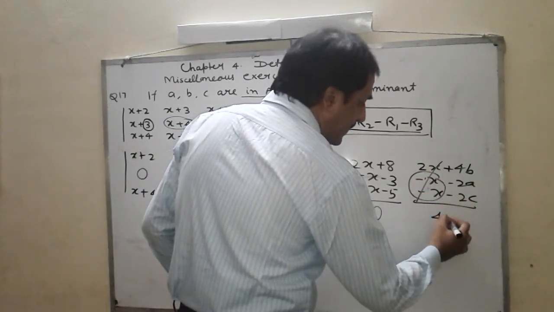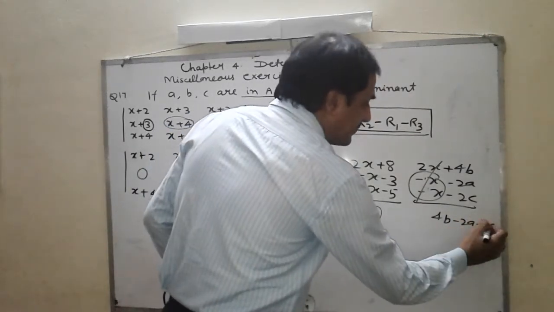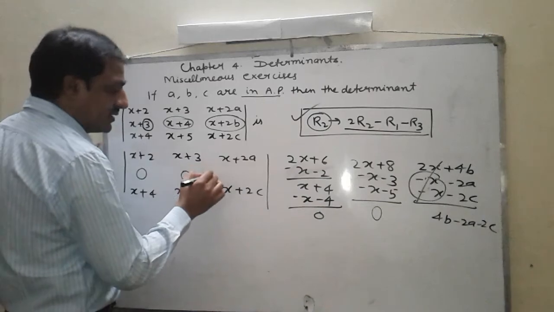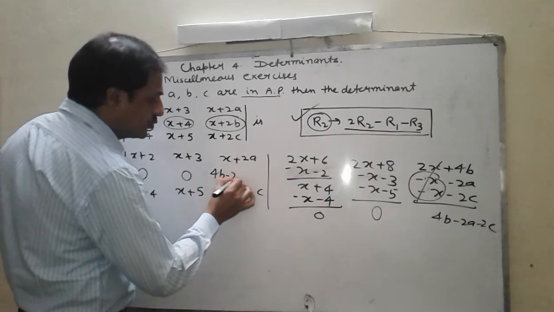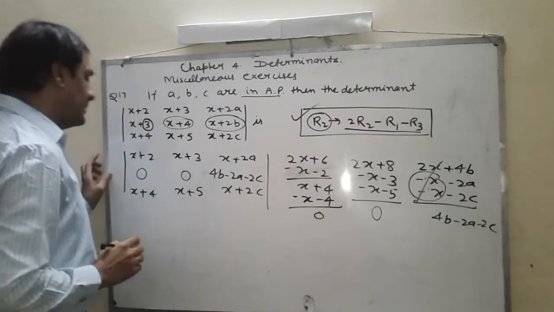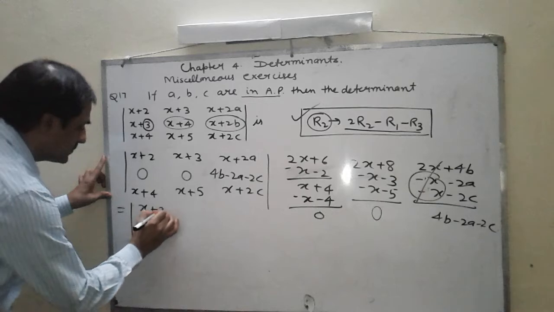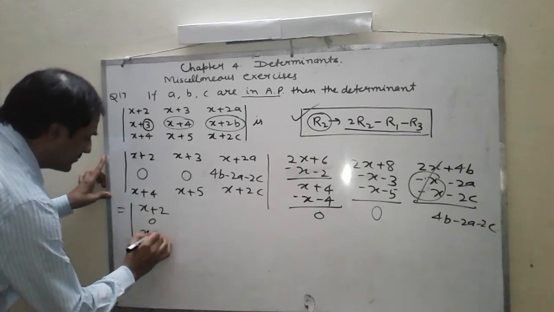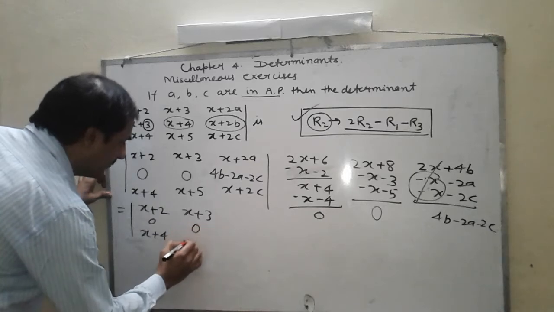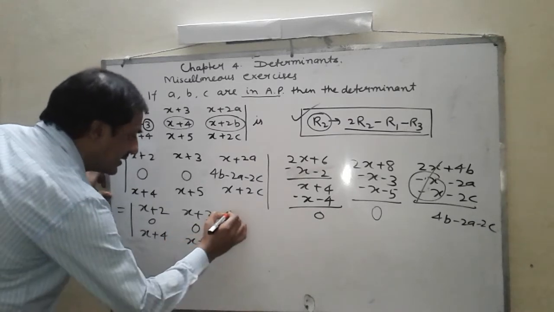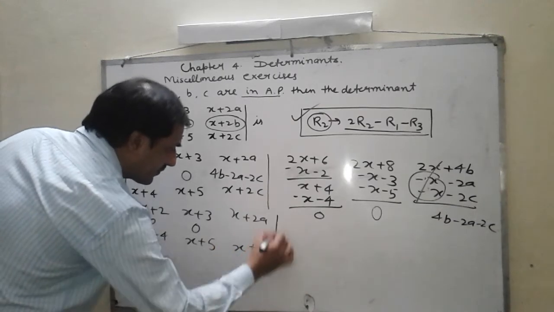So the element of this place will be 4b minus 2a minus 2c. The determinant is x plus 2, 0, x plus 4, x plus 3, 0, x plus 5, x plus 2a, x plus 2c.